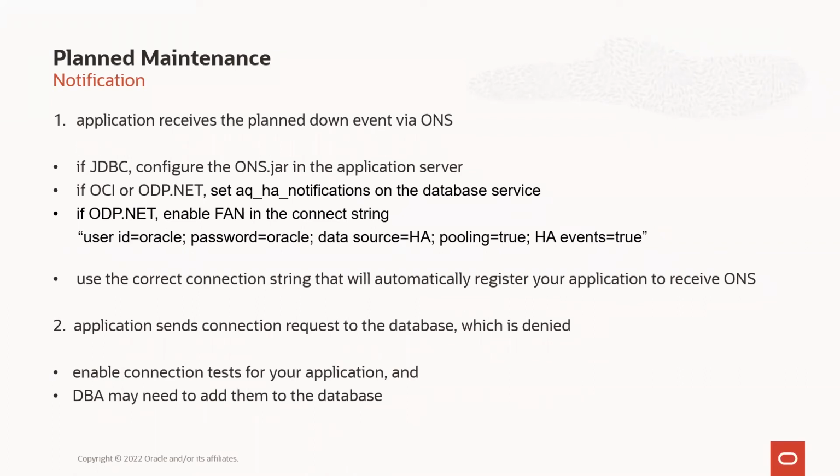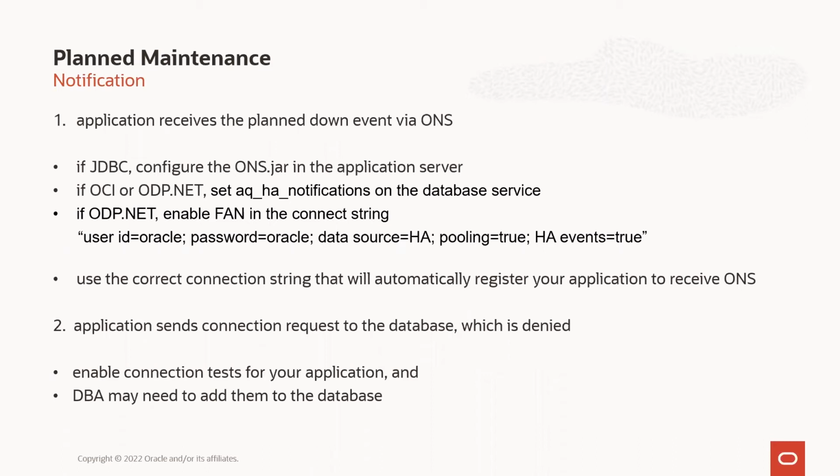This is the jar or library that contains all the code to handle ONS notifications. So your connection pool or app server will be able to understand this and use it accordingly. It does not mean you change the code in your application. You just change the configuration of your app server or connection pool to include ons.jar.